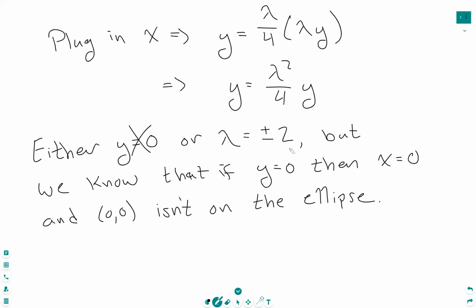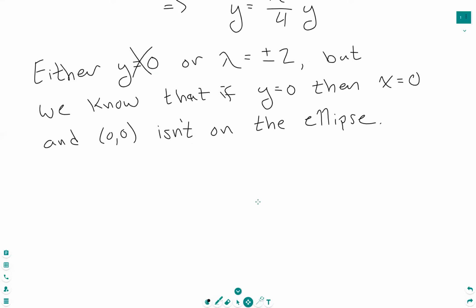So let's keep digging. Let's look at this lambda. So now, maybe we can rule out one of these signs, or maybe we can't, but we have to keep going.